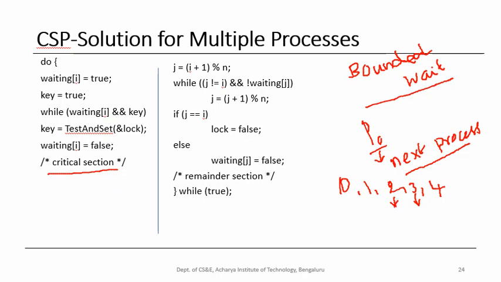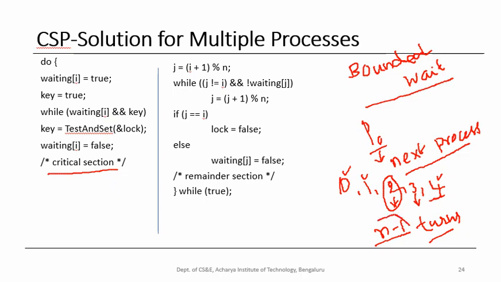So in a round robin fashion, this 4 is selected to enter into the critical section. If it is not interested, then 0 is selected, then 1 is selected, then this 2 is selected. So that means this 2 will only wait, at the maximum, any process will wait for n minus 1 turns to get into the critical section.